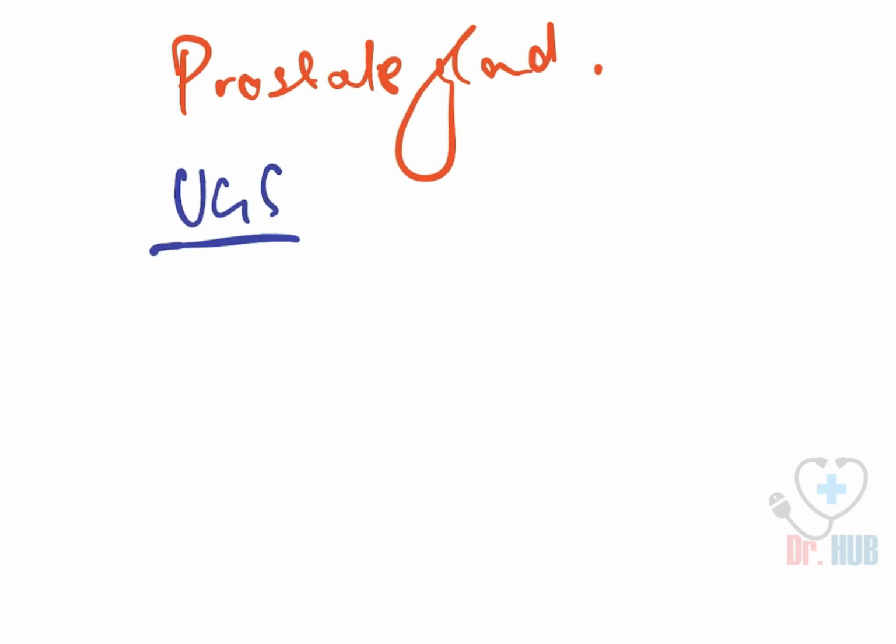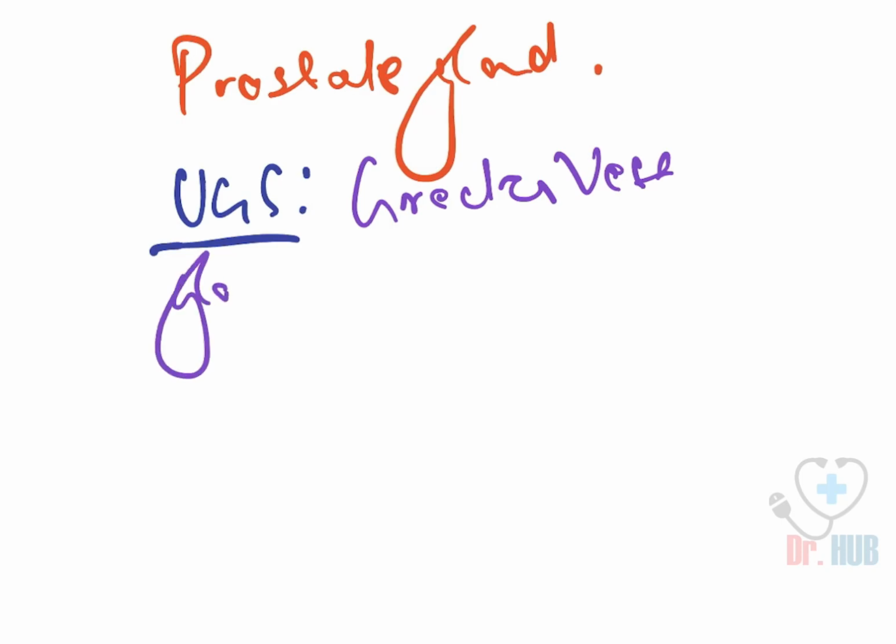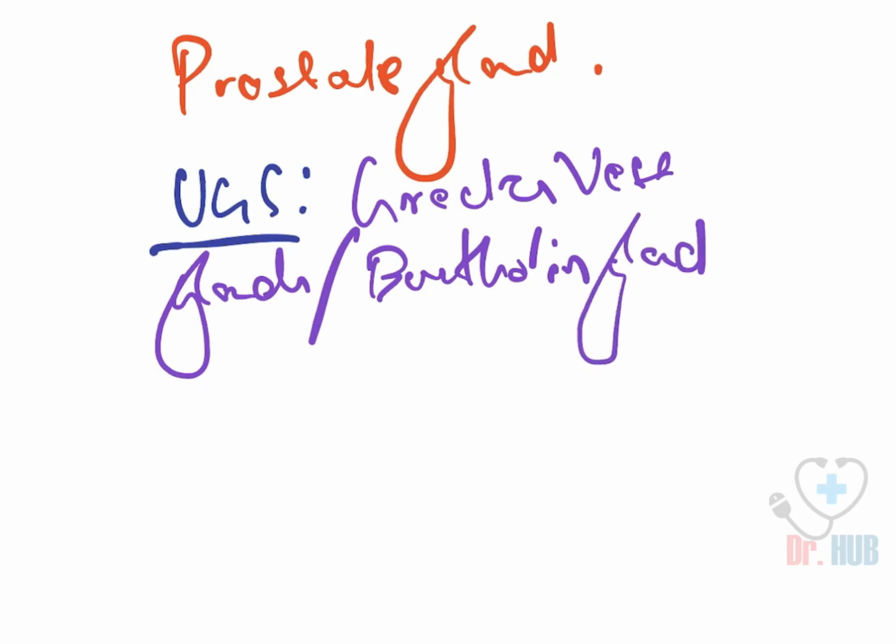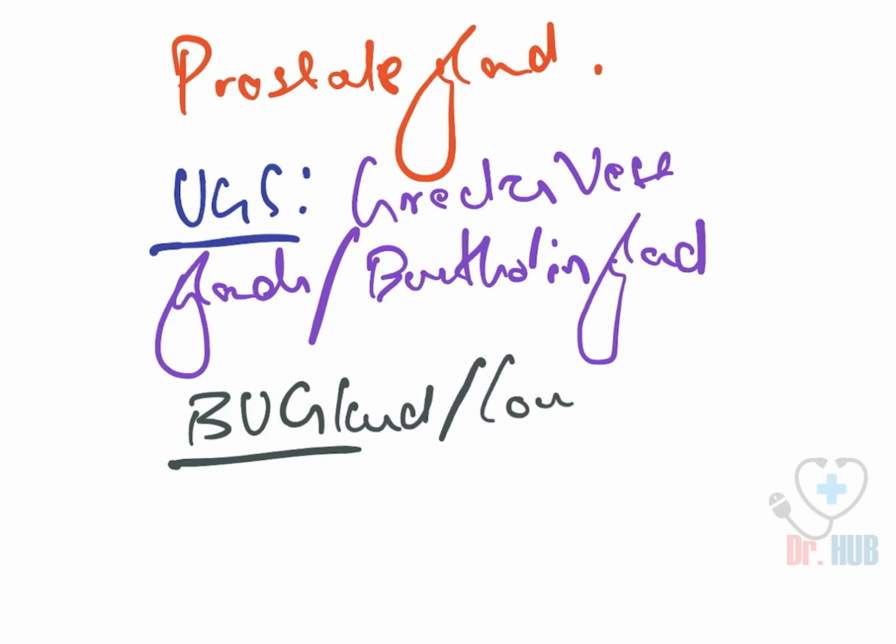Next, we move on to the urogenital sinus again. So here, in females, it is the greater vestibular glands or the Bartholin gland. And in case of the males, it is the bulbourethral gland as well as the Cowper's gland.